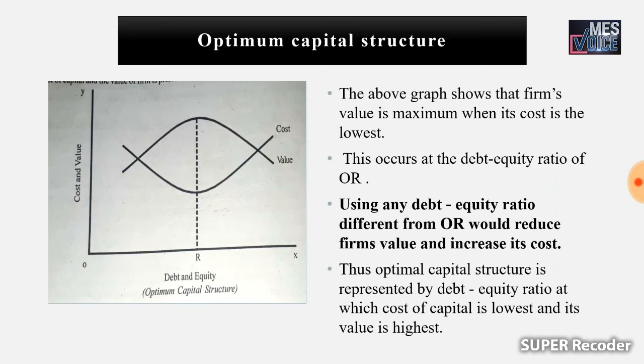So, the optimum capital structure is represented by the debt equity ratio at which the cost of capital is at its lowest, that is the bottom of the U shape, and the value is at its highest point.